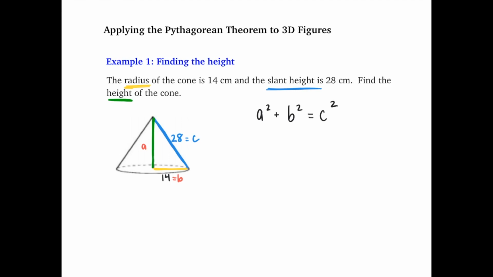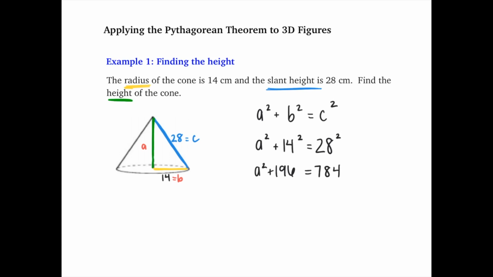I don't yet know a, but my b value comes from the radius of my cone, so I put in 14 squared. Then c is that diagonal slant height, so I have 28 squared for c squared. Next, calculating each: 14 squared gives me 196, and 28 squared gives me 784.